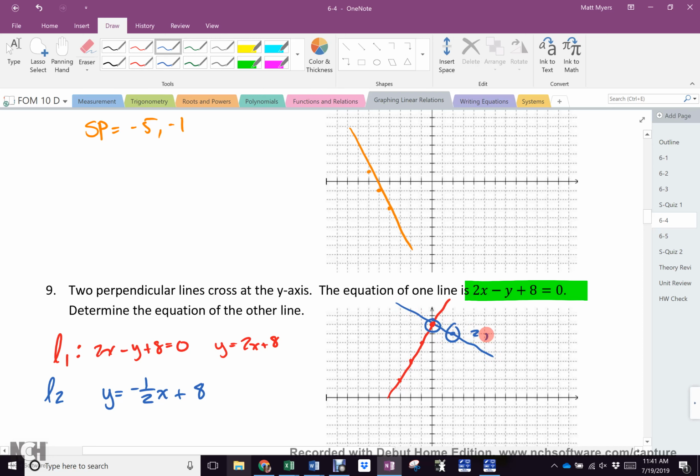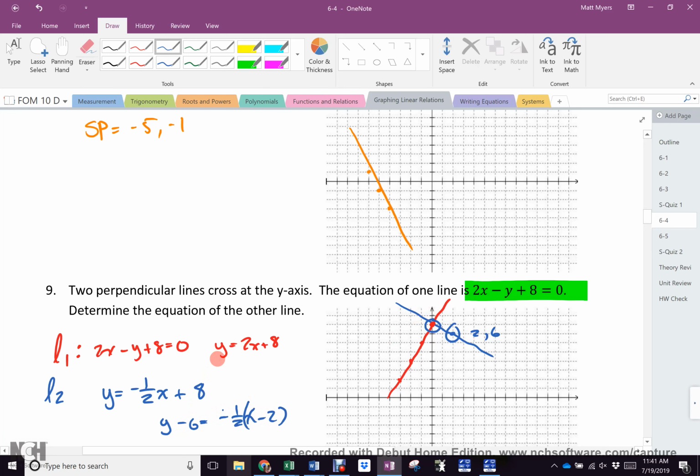That point is 2, 6, right? So could I have written y minus 6 equals negative 1/2 x minus 2? Could I have gone up 1 and over 2 and done the same thing? Yeah. Everybody understand?